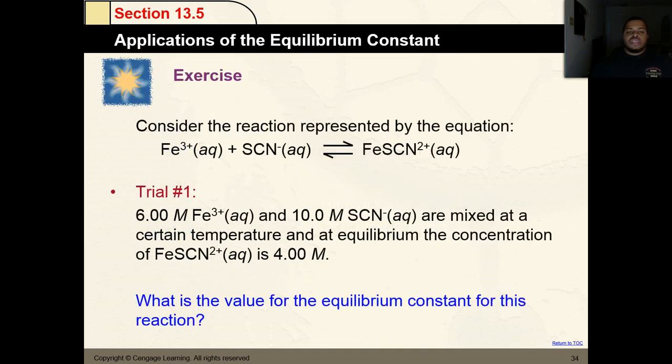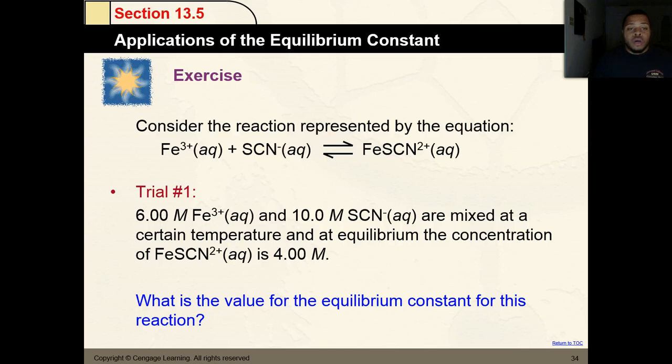Now, this is a little exercise that we're going to go through, and it's sort of to set you up for what's going to happen. We're going to introduce you to ICE tables and how we'll use them to determine the equilibrium concentrations for a reaction. Consider the following reaction represented by the equation. We have our iron 3 ion and the thiocyanate ion going to form iron thiocyanate.